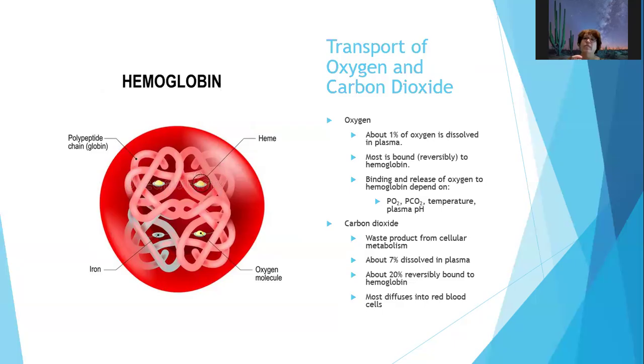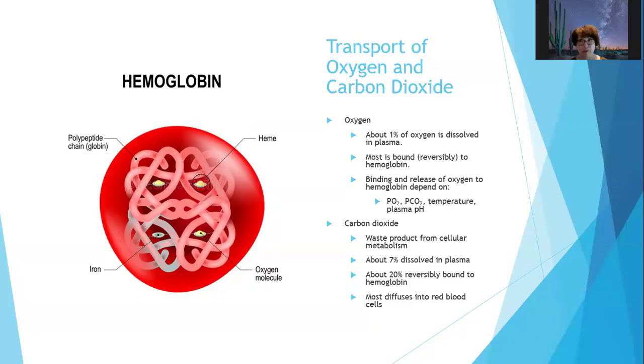So oxygen: about 1% of it is dissolved in plasma, but most of it is reversibly bound to hemoglobin in our lovely red blood cells, our lovely erythrocytes. The binding and release of oxygen to hemoglobin depend on the partial pressure of oxygen, the partial pressure of CO2, the temperature, and your plasma pH. In order to function normally, our pH has to be in a pretty small range, 7.35 to 7.45.